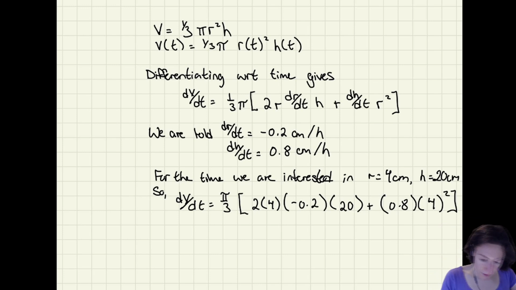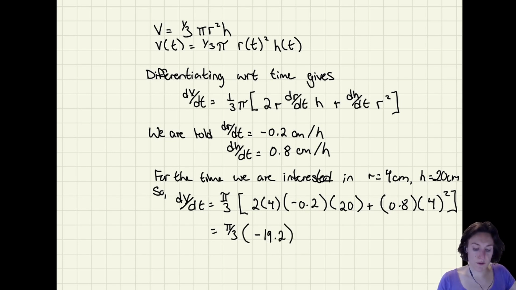Okay, so if we simplify that, it turns out to be negative. Okay, this term is much larger than this term. So I'm going to have pi over 3 times negative 19.2. Okay, so if you multiply this out, actually you can even leave it like this if you want to. We can say negative 19.2 times pi over 3.